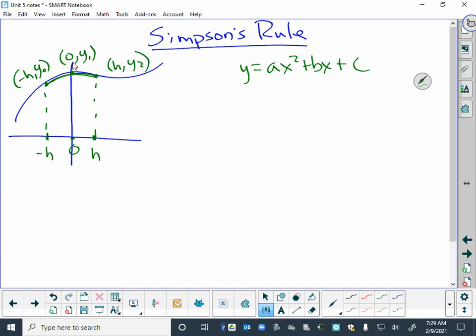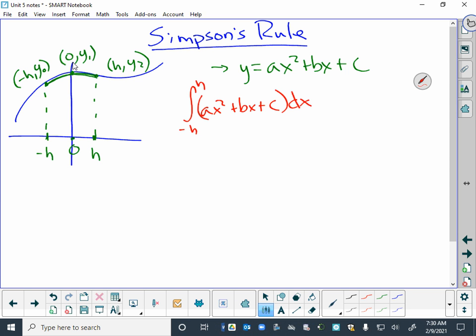So if we knew this was the equation, our question is, what is the definite integral from negative h to h of ax squared plus bx plus c dx? We know that's capital F of b minus capital F of a, where capital F is some antiderivative.